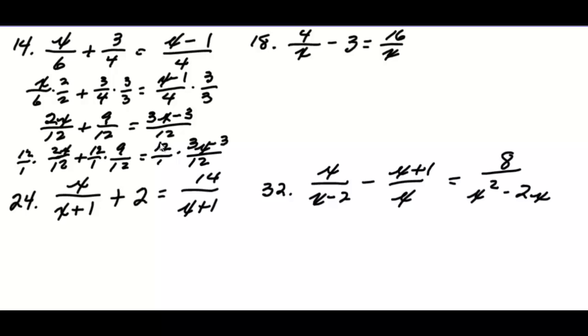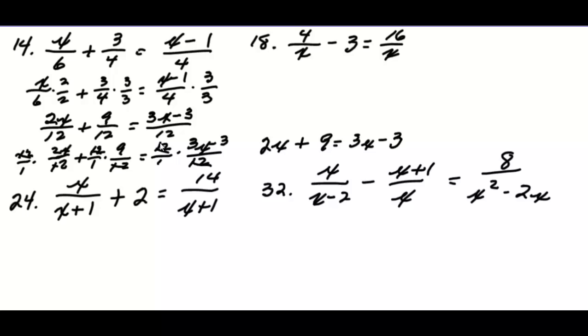What that does now is it eliminates all the denominators because these cancel each other out. That being the case, now what we end up with is 2x plus 9 equals 3x minus 3.